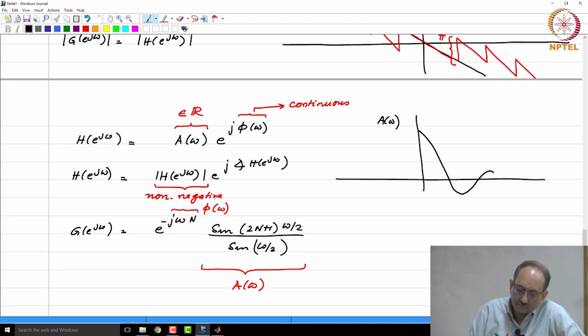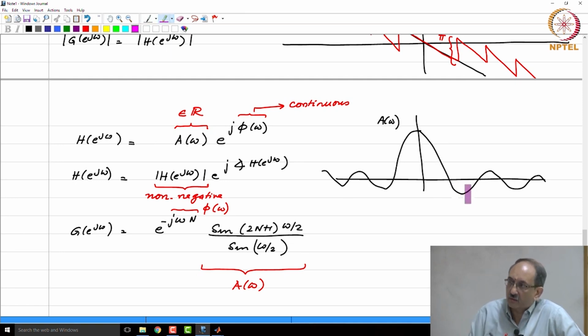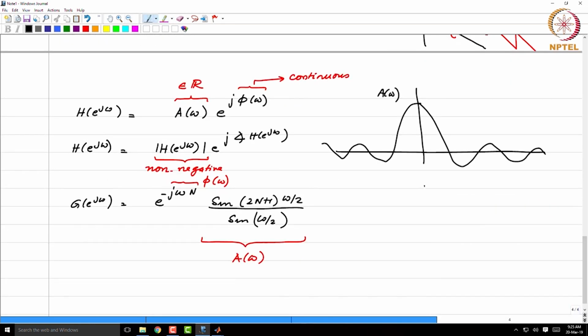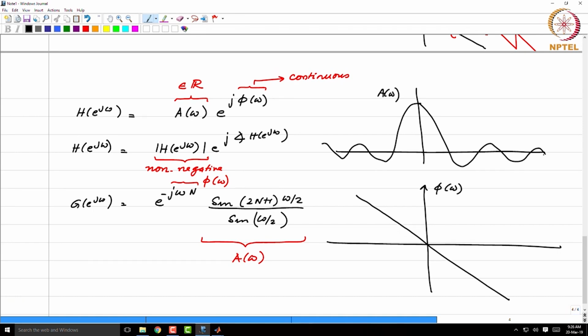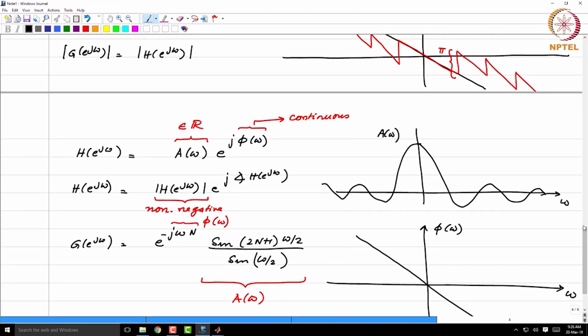Now A of omega has this shape. The main difference is it now can take on negative values as well, and the corresponding phase response is just this term, which is linear. Whereas if you represent this in magnitude times e to the j phase angle, whenever you cross a 0, you are acquiring a phase change of pi.